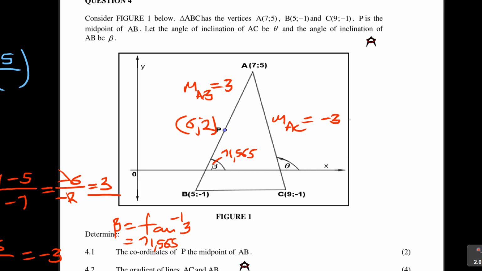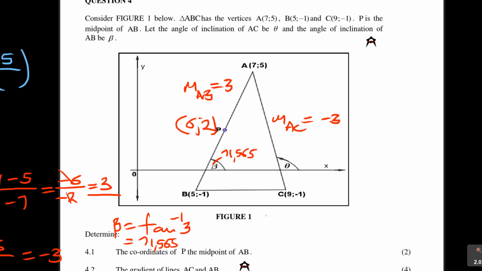Now be careful, remember what I said? Theta is equal to tan negative 1 of negative 3, so it gives us negative 71.565. And then plus 180. So then it's 108.435.